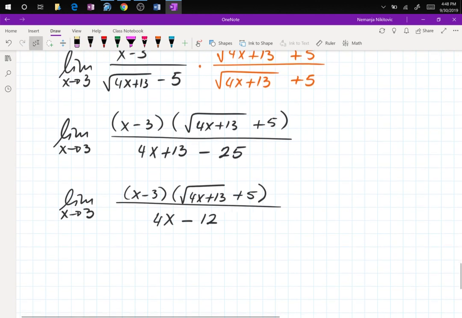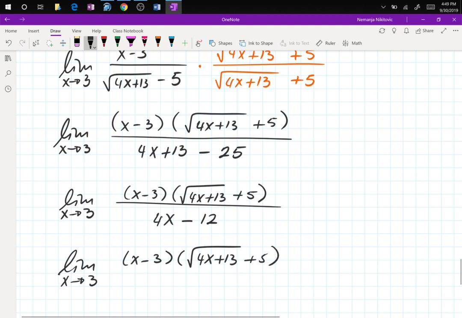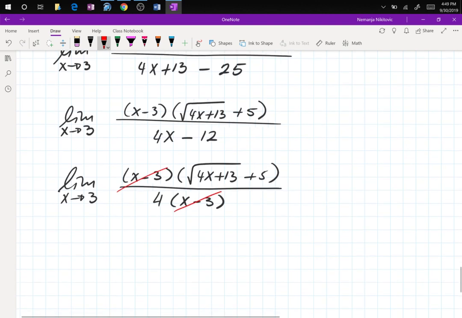And at this point, I can factor out 4 in the denominator. And I'll have x minus 3 times the square root of 4x plus 13 plus 5 divided by, when I factor 4, I get x minus 3. And this is where these guys cancel. So now I have just the square root plus 5 divided by 4, and I can plug in.